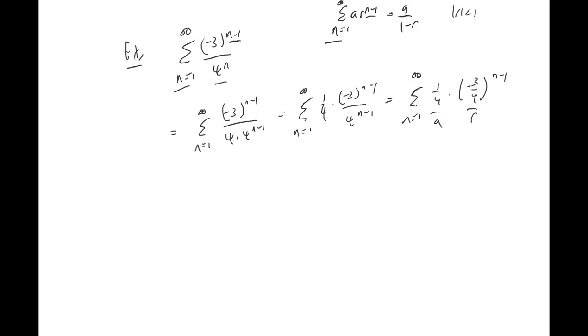Certainly the absolute value of negative 3/4, which is 3/4, is less than 1, so we can use the formula. It's A over 1 minus R, so 1/4 over 1 minus negative 3/4. So it's 1/4 over 7/4. So what, 1 over 7? Is everyone clear on this?